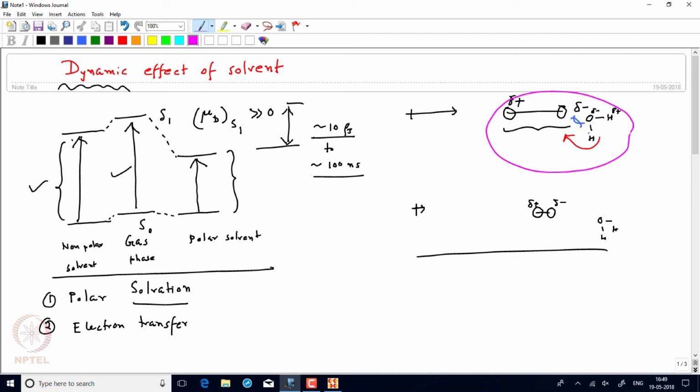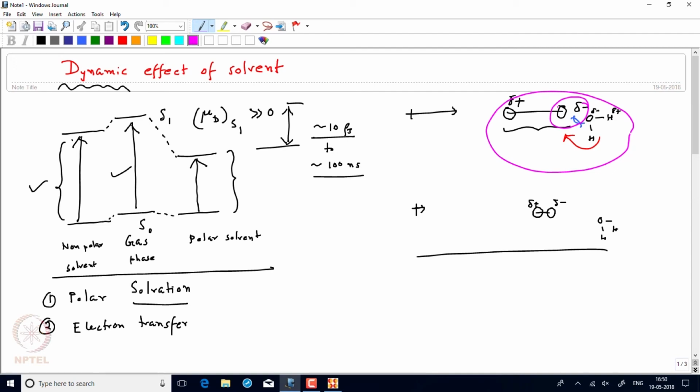So what this water molecule will try to do is abruptly move so that the hydrogen end, the delta positive end, points toward the delta negative end of this dipole, so that there is some stabilization of the excited electronic state of the solute, and that effect will be very fast. These are called inertial effects, and that time scale of solvation will be very fast.